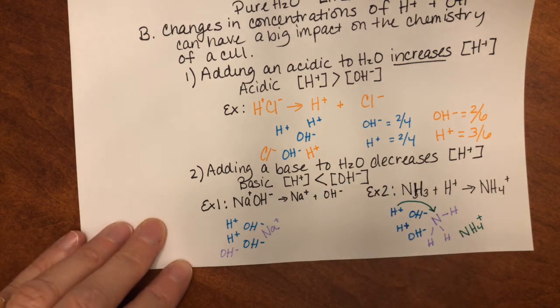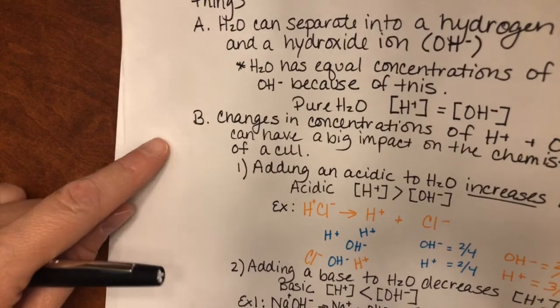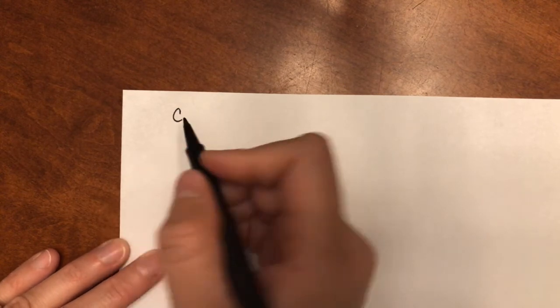So now, running out of room here, let's get another sheet of paper and continue on with the acids and bases. So notice here I put this as B, the changes in concentration, and talking about acids and bases. We're going to go now to C, all right, and talk about the pH scale.